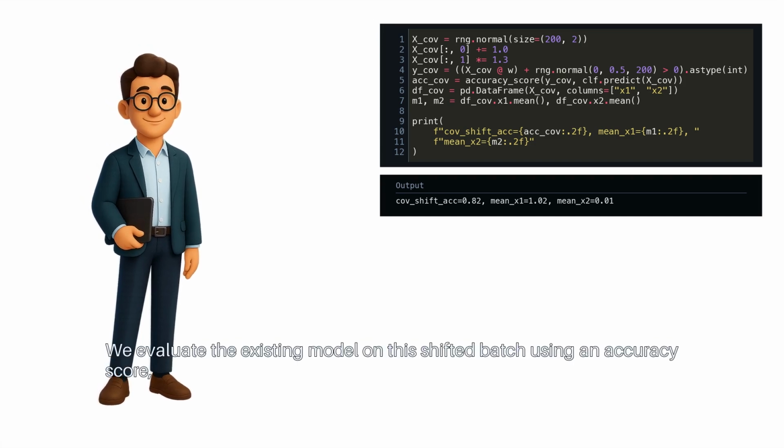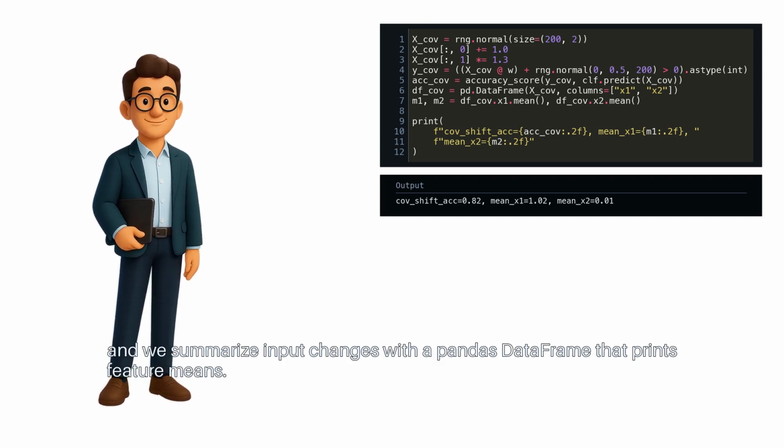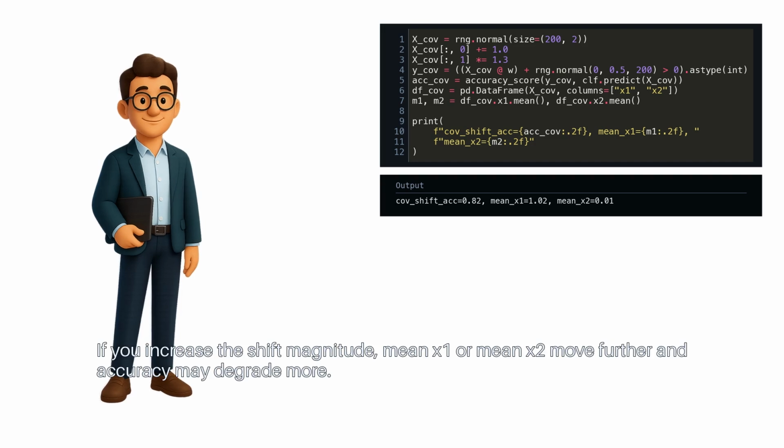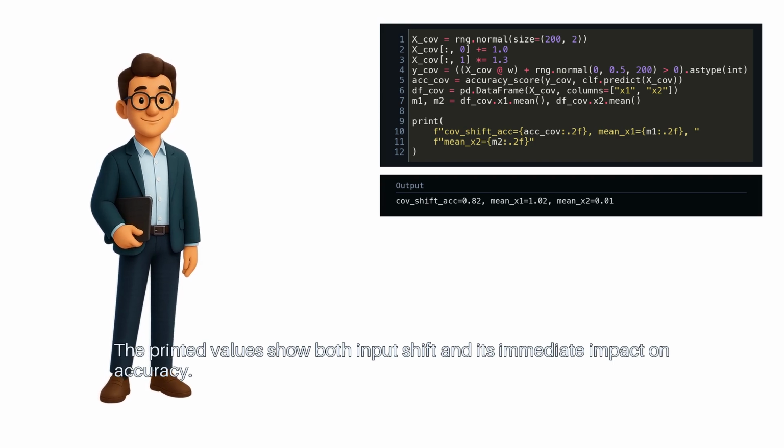We evaluate the existing model on this shifted batch using an accuracy score, and we summarize input changes with a pandas data frame that prints feature means. If you increase the shift magnitude, mean x1 or mean x2 move further, and accuracy may degrade more. The printed values show both input shift and its immediate impact on accuracy.